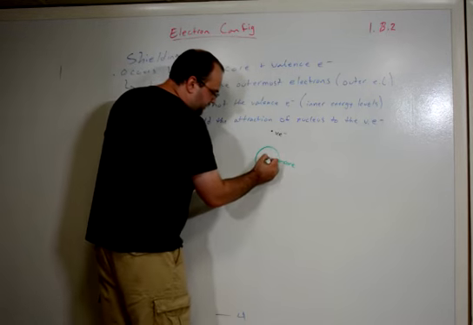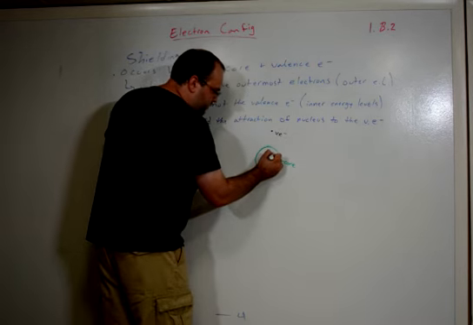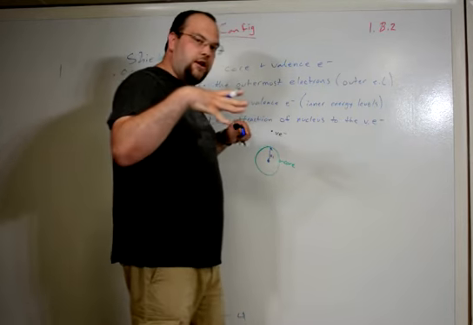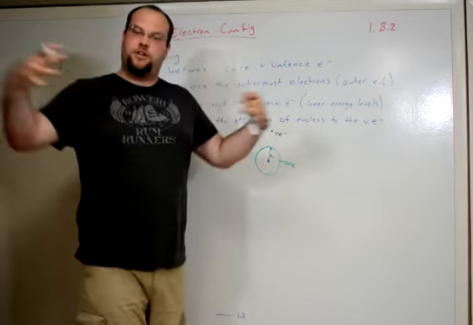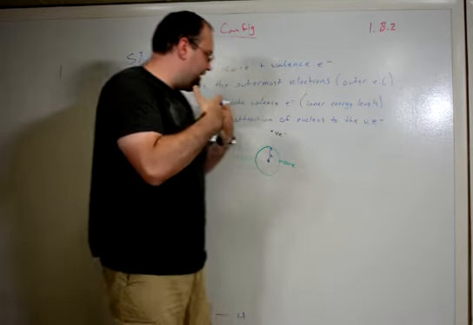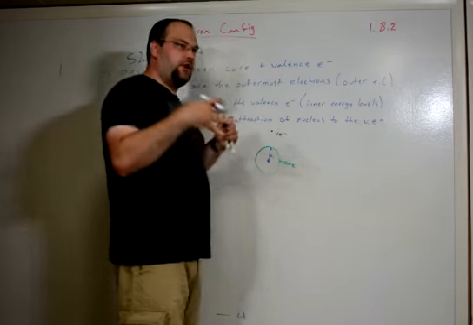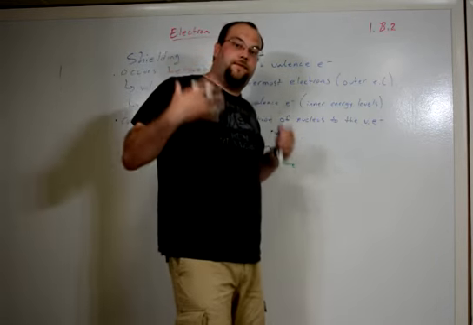Because this nucleus, this positive charge, is going to hit almost a negative wall. It's going to pull those electrons in, but those electrons are going to absorb much of that force.